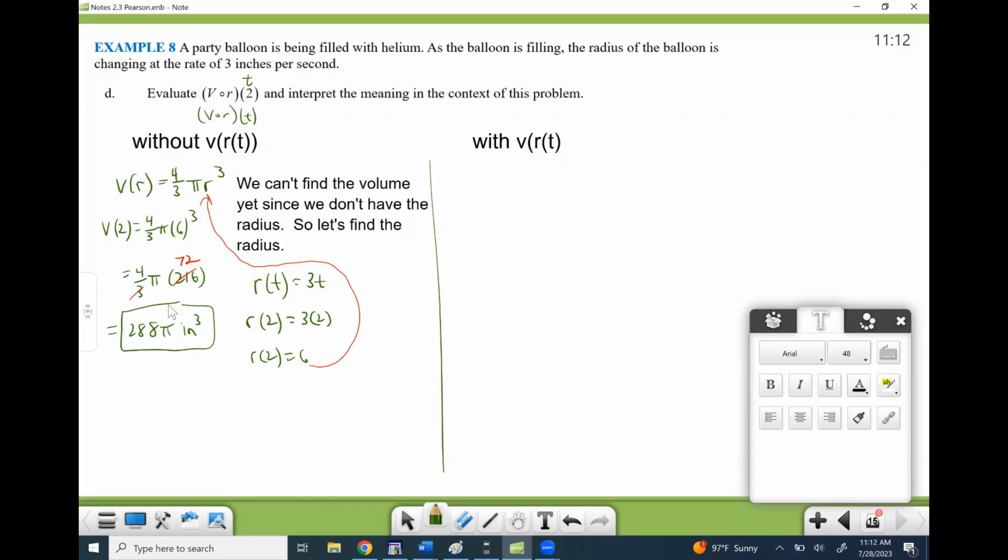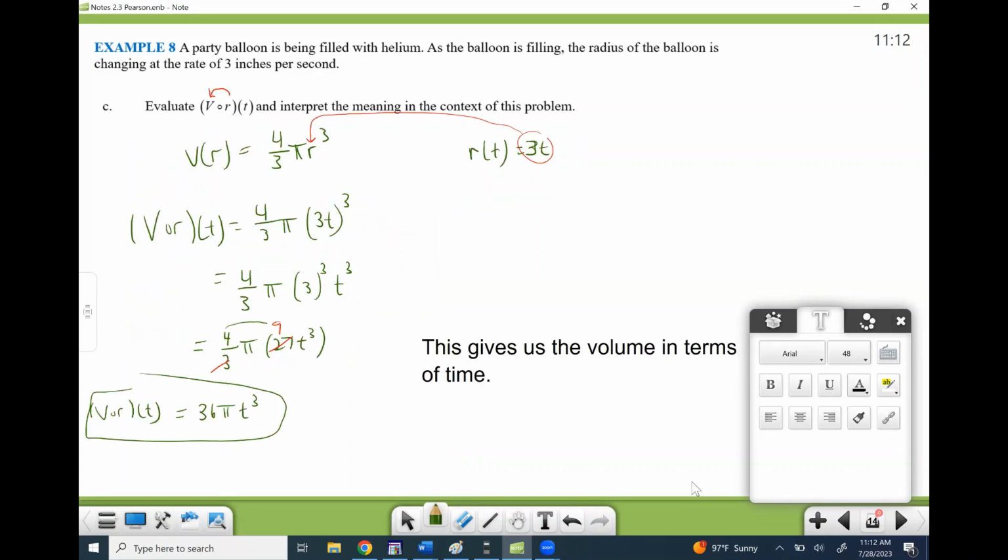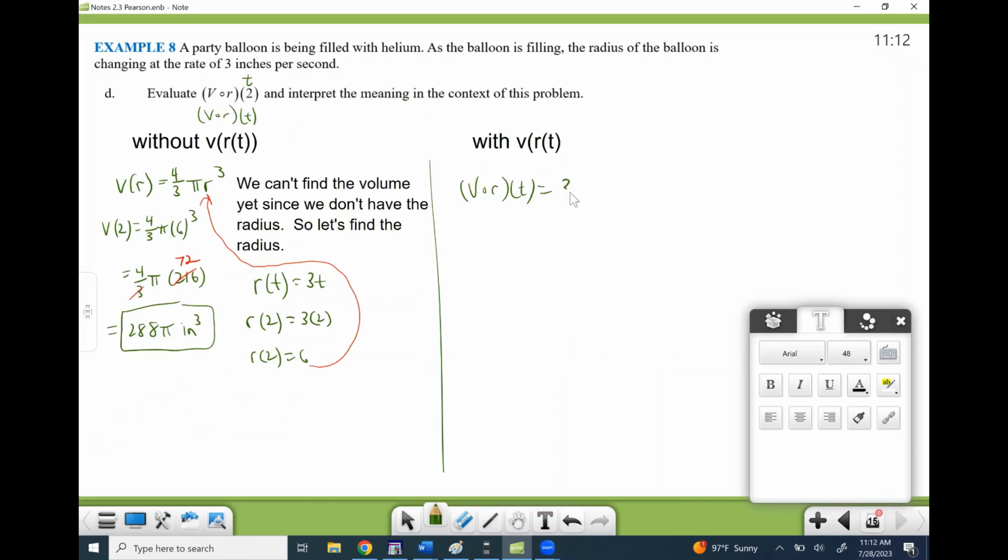All right, now, if we use the V compose R of t that we found, which was, let me go back and check, forgot already, 36 pi t cubed. Well, t is 2, right? So we're going to substitute 2 in right here.